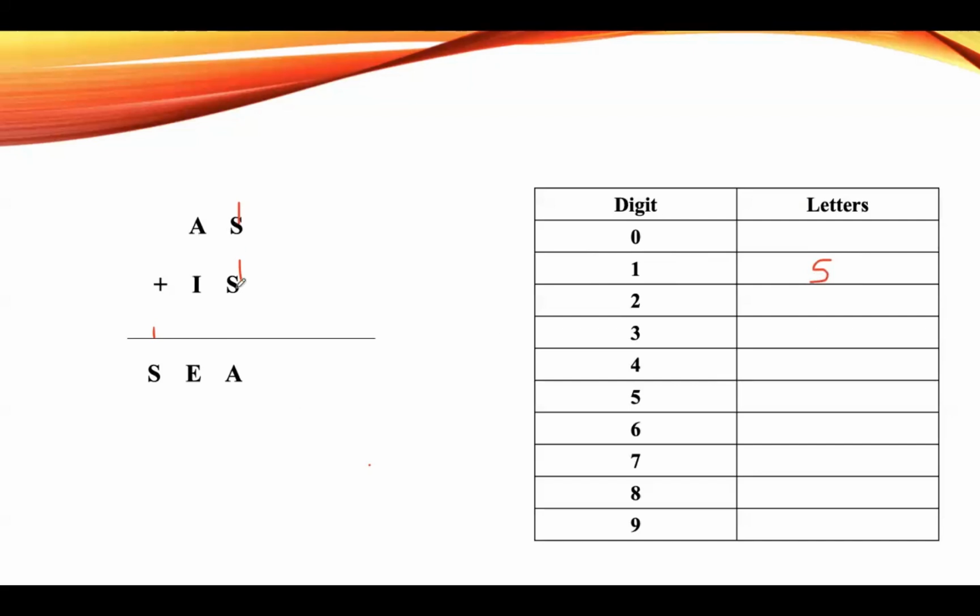Here adding S and S should give you A. You can see the S value is 1, so 1 plus 1 means 2. So what is the value of A now? It is 2. Let us assign 2 to A in the table.